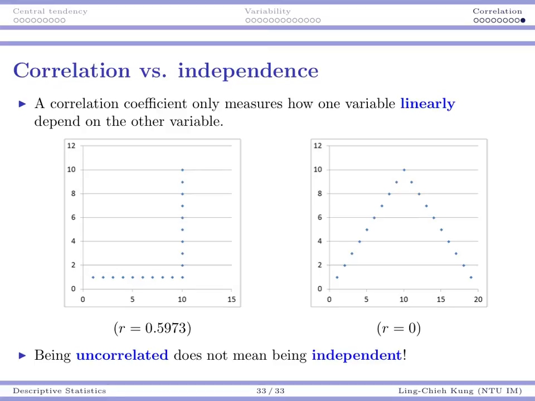It can only measure linear relationship. If the two variables have a strong linear relation, you have a large correlation coefficient. But if they have a strong nonlinear relationship, your correlation coefficient cannot show it.